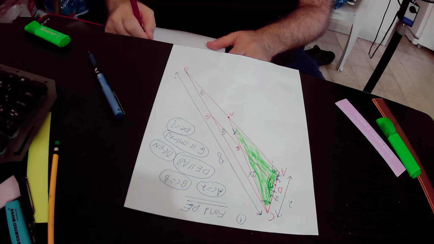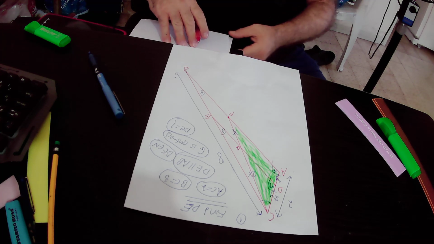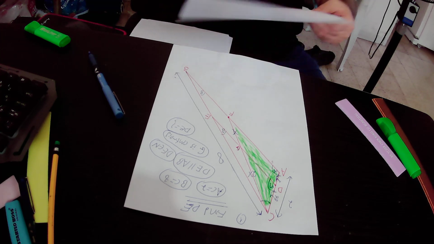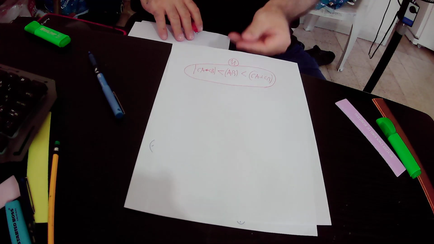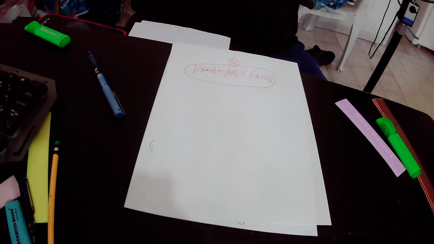So actually this inequality is the implementation of rule number 4 in our drawing, or in our triangle ABC.